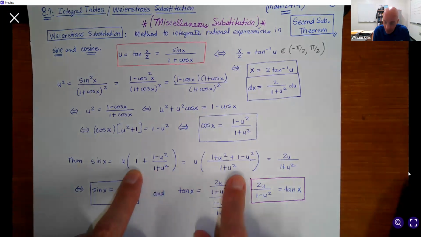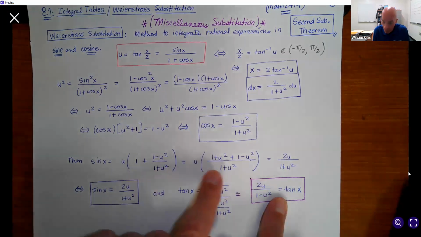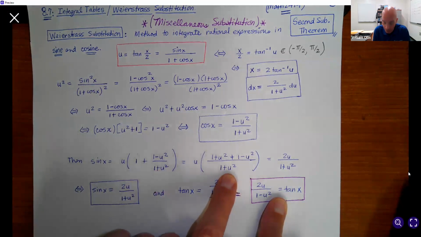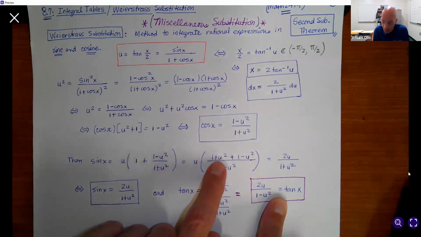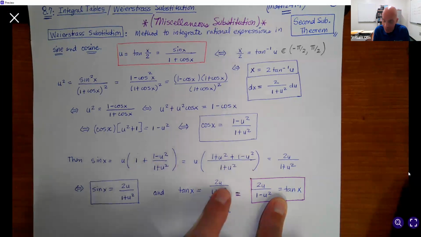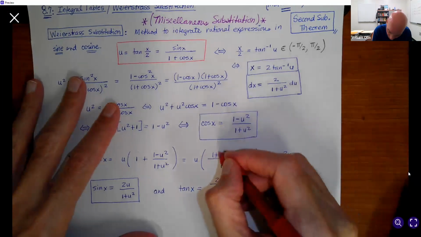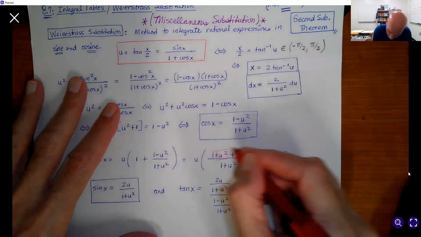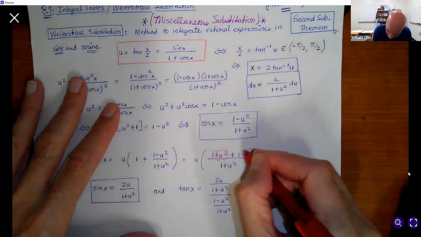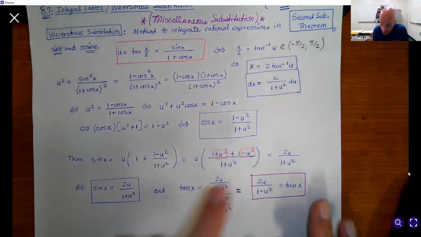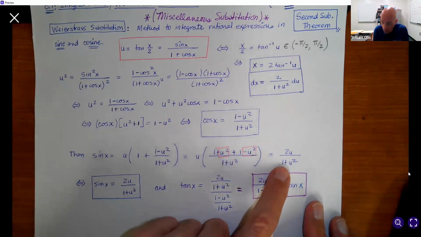So now if we get a common denominator, we'll have 1 plus u squared in the denominator, and now we have 1 plus u squared plus 1 minus u squared in the numerator. And of course, the u squareds absorb. These are gone, and we're left with 2 times u divided by 1 plus u squared.